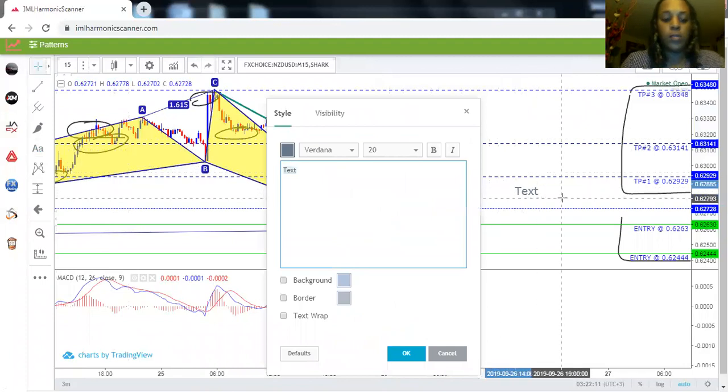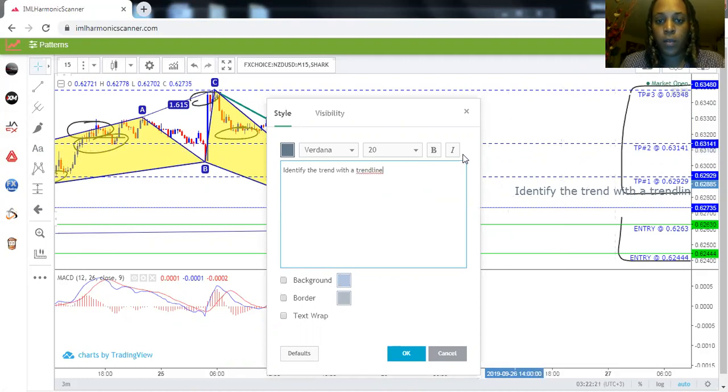So I want you to first identify the trend with a trend line, which we have done, right? Then I want you to add the MACD. So let me put all the steps properly.